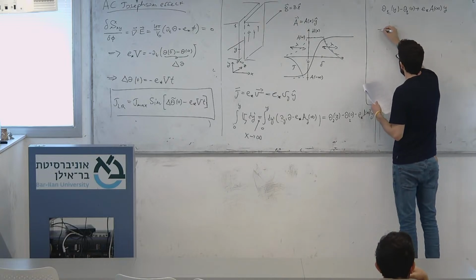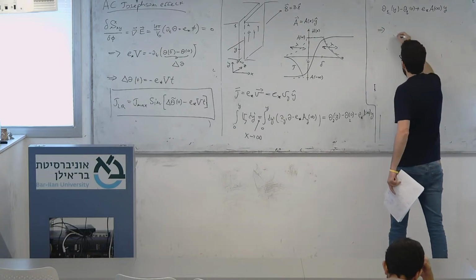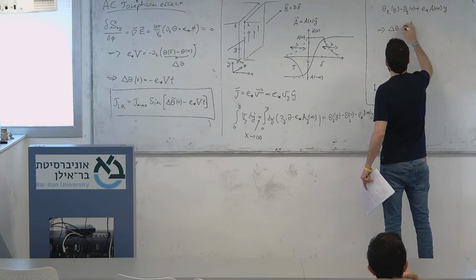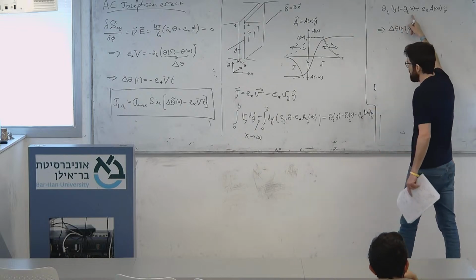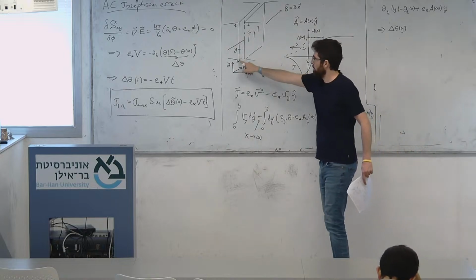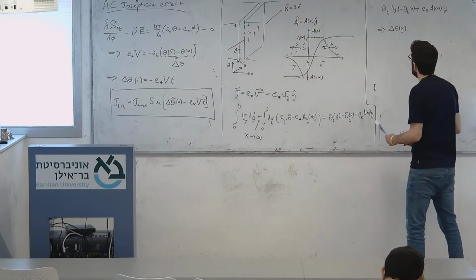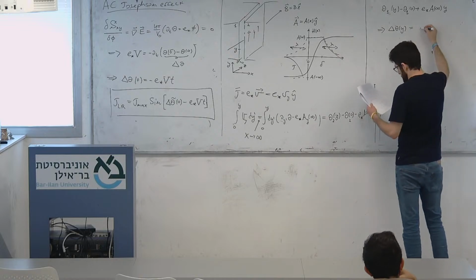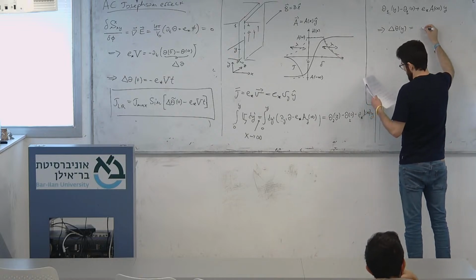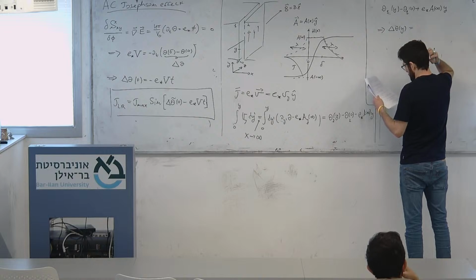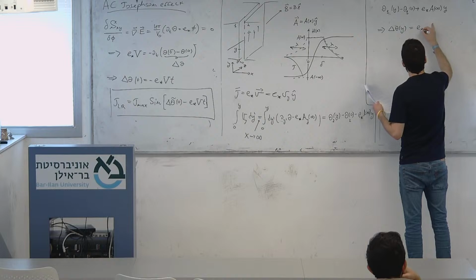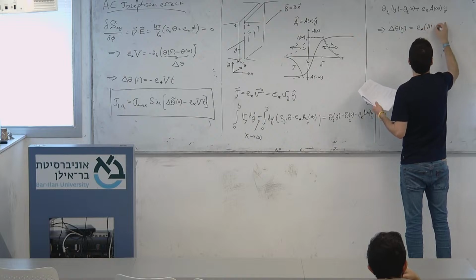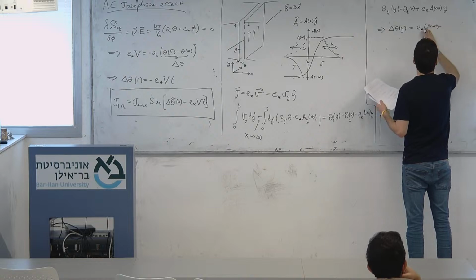And therefore I get that delta theta of y, let's assume that we anchor the phase difference here to be the same, then delta theta of y is just E star A of infinity.